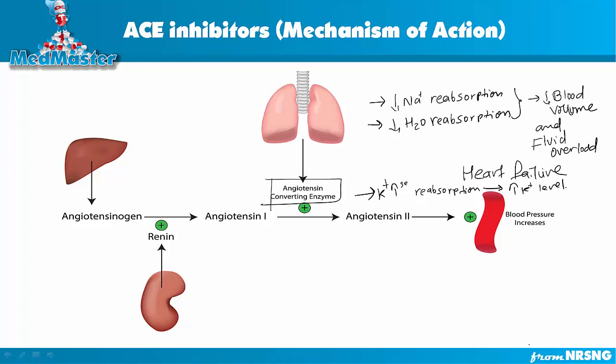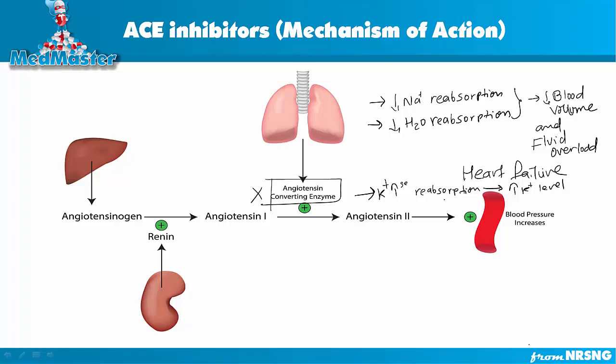Okay, just remember this one from the previous slide, that in the normal RAA system the potassium level goes down, but when we block this angiotensin converting enzyme, the potassium reabsorption is gonna go up and the potassium level is gonna go up. This will help you to remember one of the side effects that we will go over in the next slide.